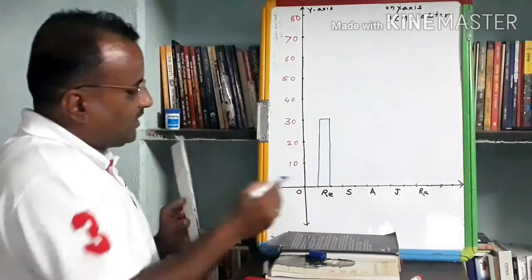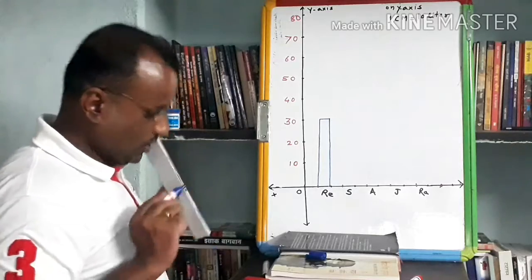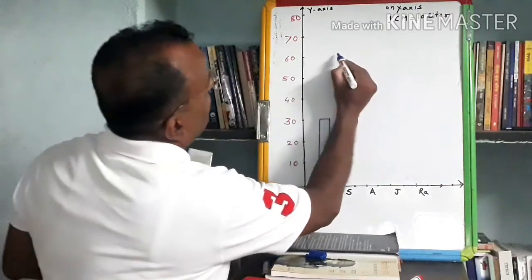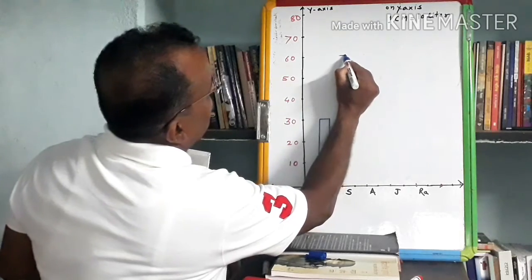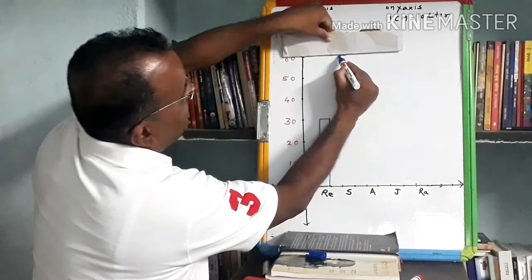So this is the Ramesh family, which consumes 30 liters of water per day. Now Shobha's family consumes 60 liters of water. Suppose this is Shobha's family, 60 liters. Here the 60 liter line was taken.